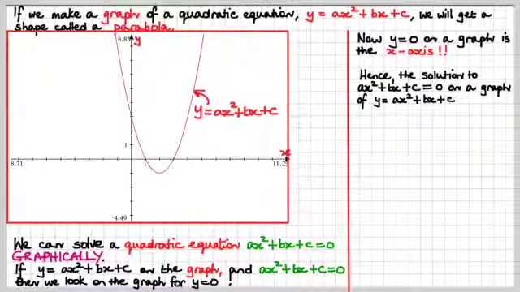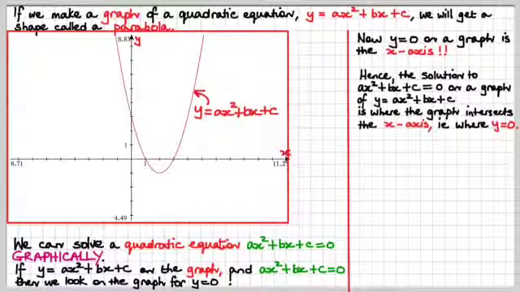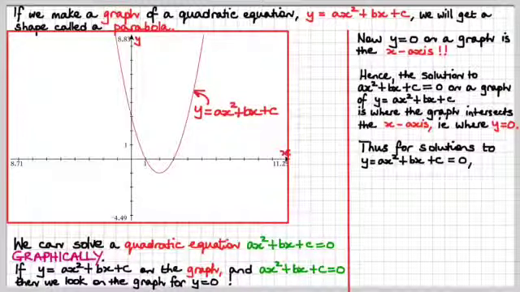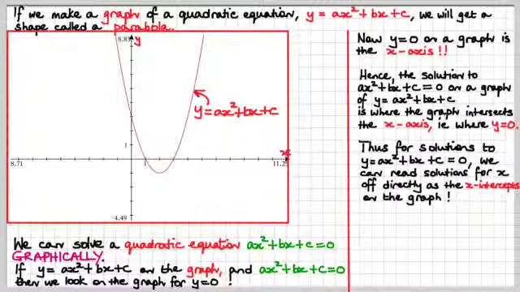So the solution to ax squared plus bx plus c equals 0 on a graph of y equals ax squared plus bx plus c is where the graph intersects the x-axis, or where y is equal to 0. Thus for solutions, we just read the values of x off directly as the x-intercepts, here and here on the graph.